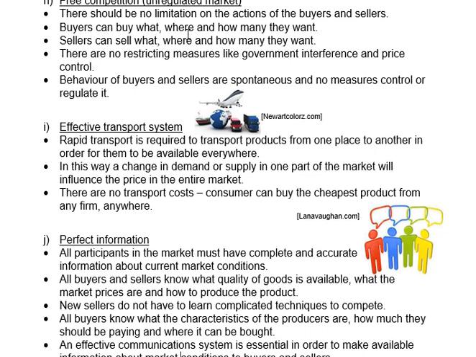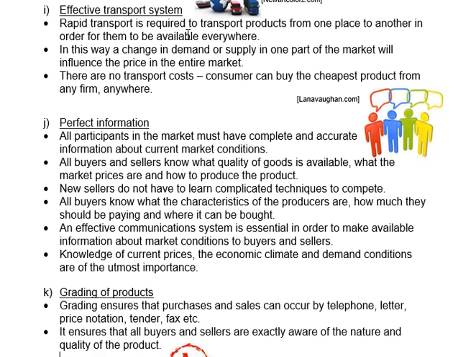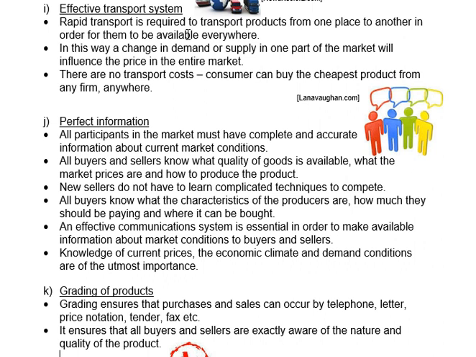The next characteristic, and I'm almost finished, is an effective transport system. In a perfect market, all goods must be available on all the markets, but this is the catch, at the same price.